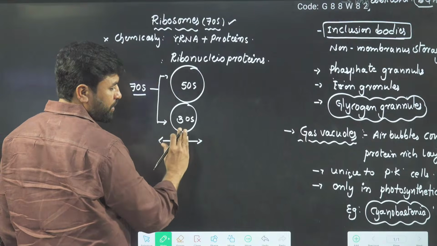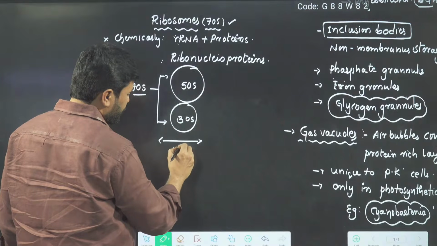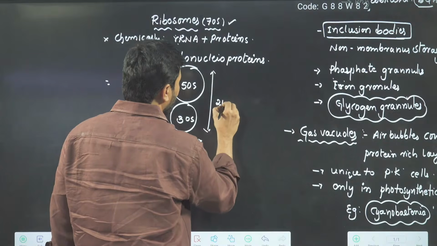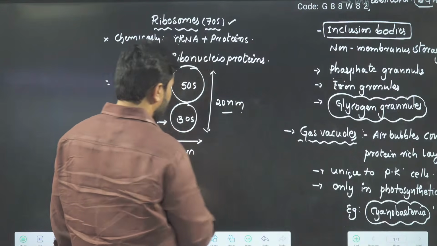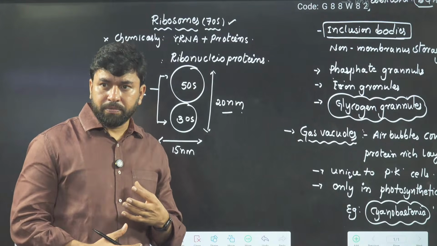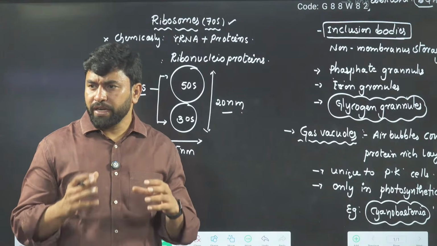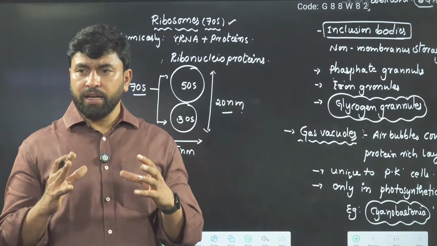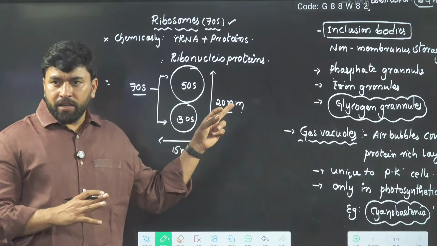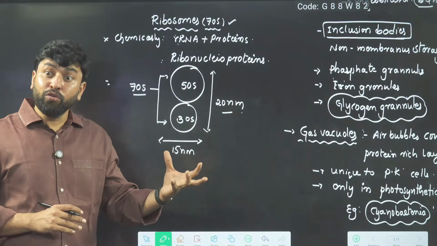The diameter or width of the larger and smaller subunit together is around 15 nanometers. The length would be around 20 nanometers. Why are you mentioning it like that, 15 by 20? The reason is very interesting. These are the smallest organelles in the cell. If you find any kind of cell organelle that is very minute and smallest, you will see the units are nanometers, not even micrometers.